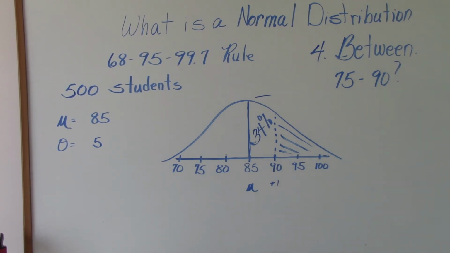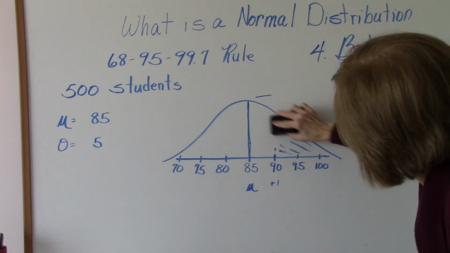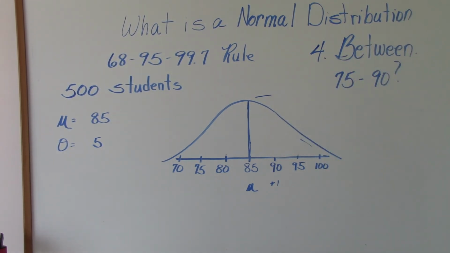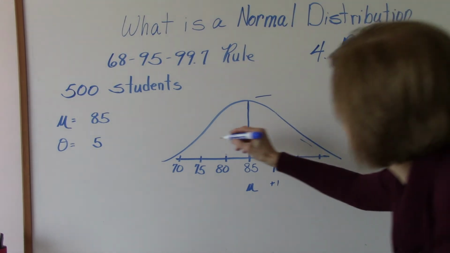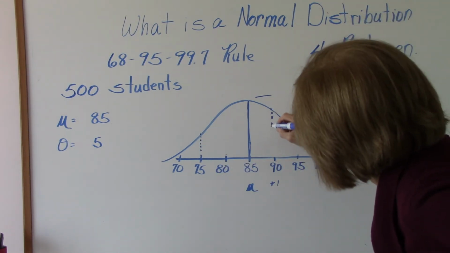How many students fell into that category? I'm going to clear off my normal distribution curve here. I'm keeping that mean in there for right now to see if it'll be helpful. But I'm going to go from 75 up to 90.